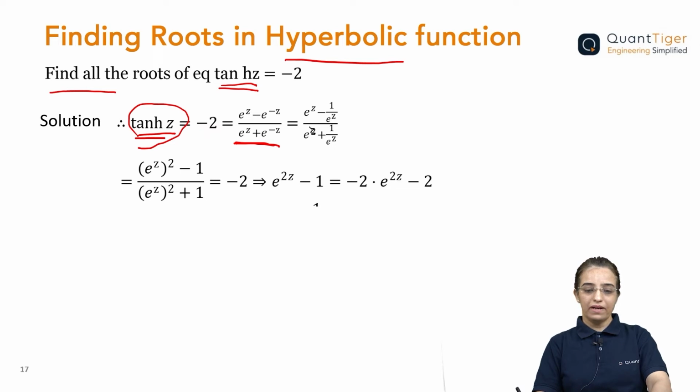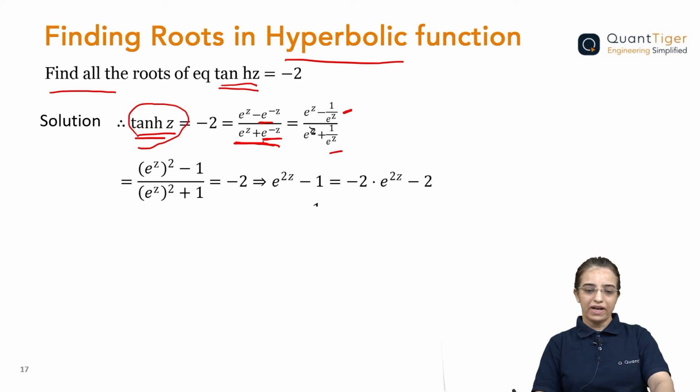If you simplify, this e to the power minus z, उसको हम फॉर सिंप्लीफिकेशन 1/e to the power z लिख सकते हैं, क्योंकि माइनस पावर है z की. So that's how I have written, instead of e to the power minus z we can write 1/e to the power z. सिमिलरली यहाँ पे भी e to the power minus z है तो 1/e to the power z लिखा हुआ है.